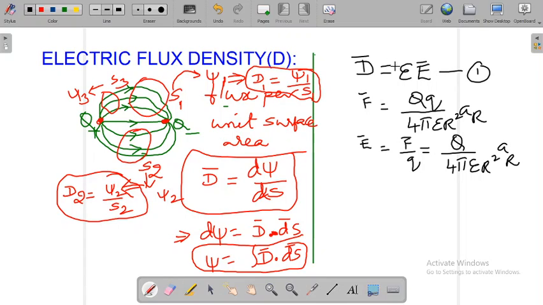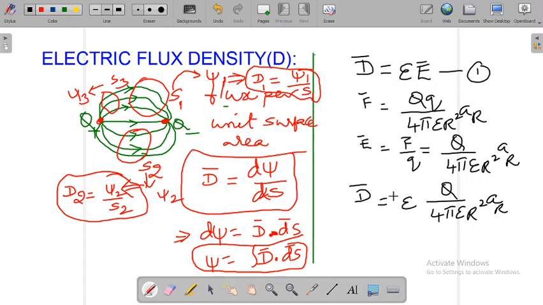Substituting this E into D bar equals epsilon E bar, we get D bar equals epsilon times Q by 4 pi epsilon r square a r.